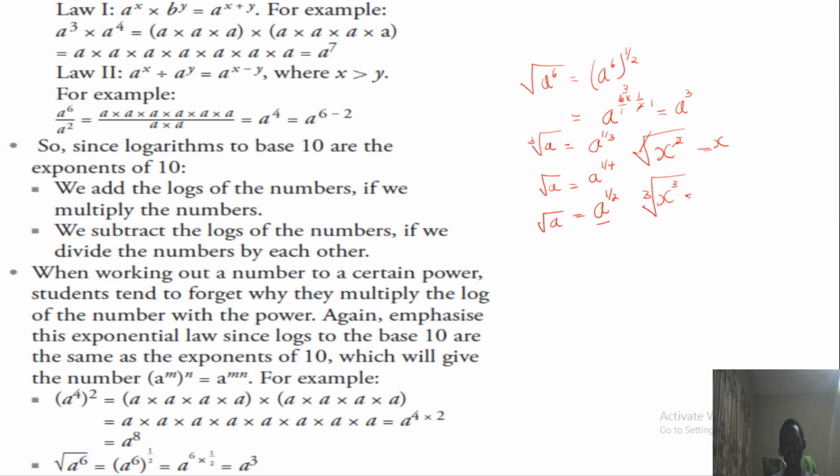Basically, because x raised to power 3, cube root, is equal to 1 over what? 3. And in that case, you have 3 over 1 multiplied by 1 over 3. 3 here, 1, 3 here, 1. Therefore, you are going to have x raised to power what?